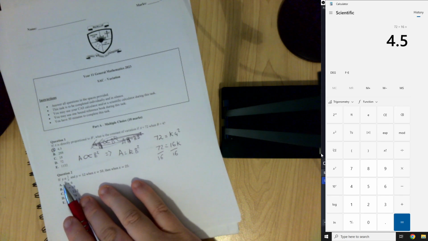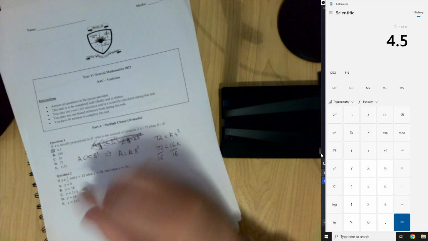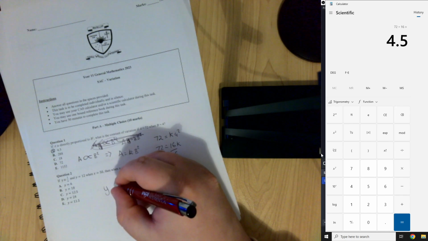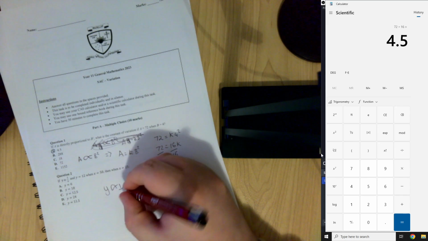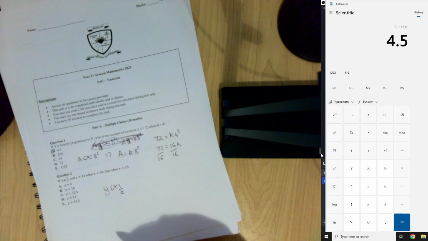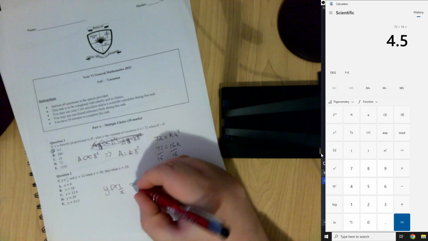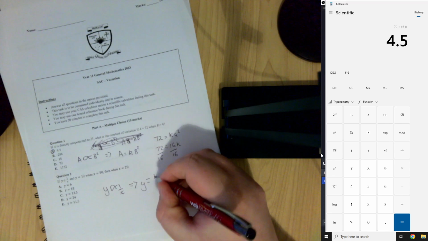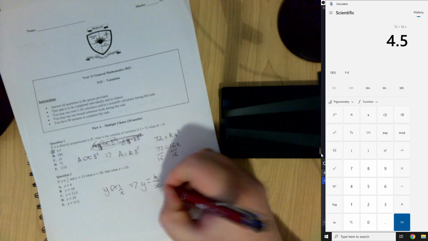So if y is directly proportional to, so that's that fish symbol I was talking about, if y is directly proportional to 1 over x, right? Now this can be rewritten as y equals our constant of variation k over x.